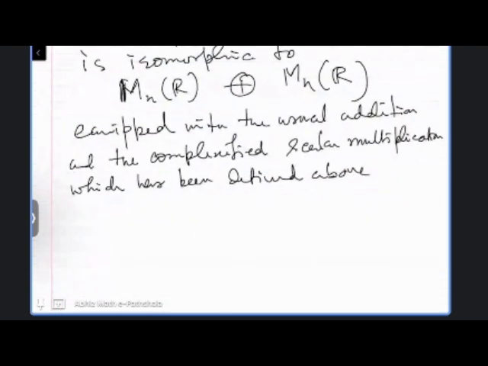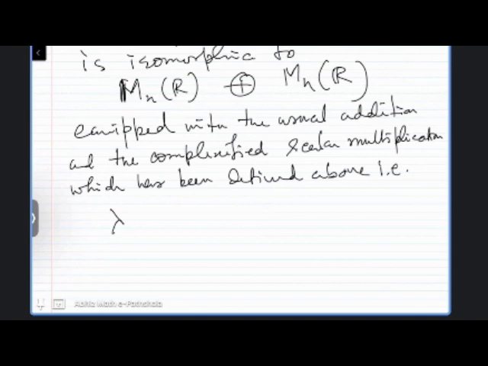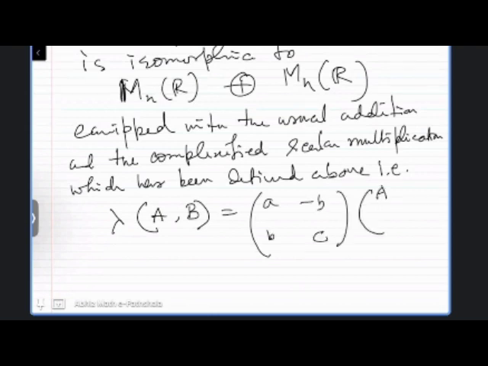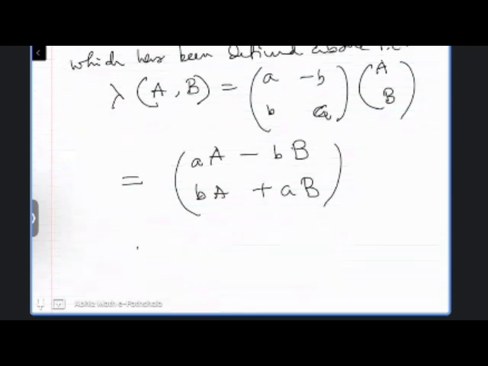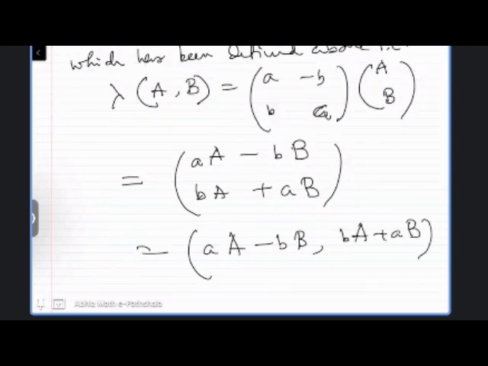That means if you take any lambda and you take two matrices here, suppose your lambda is (A, minus B; B, A), and if you regard this object (A, B) as a column vector, then it is nothing but (A·A minus B·B, B·A plus A·B).